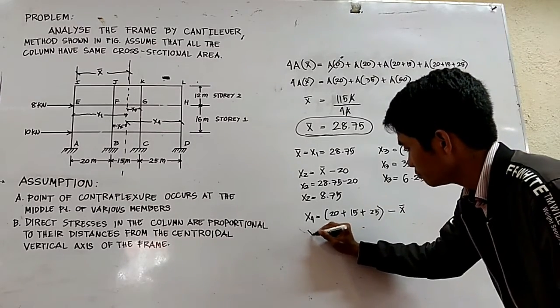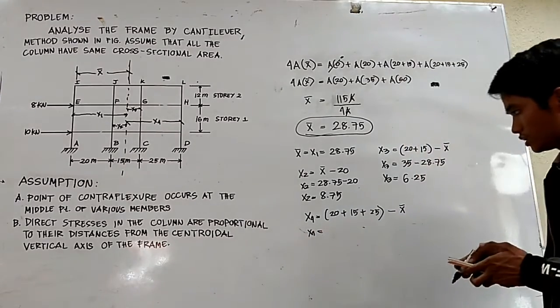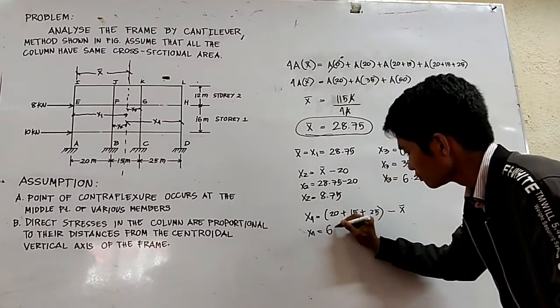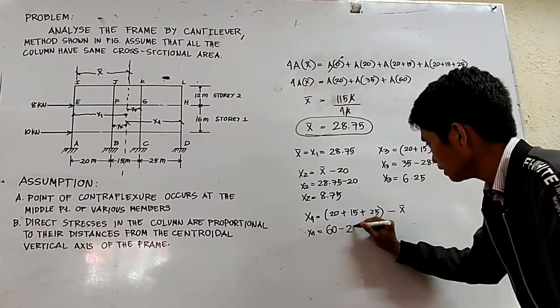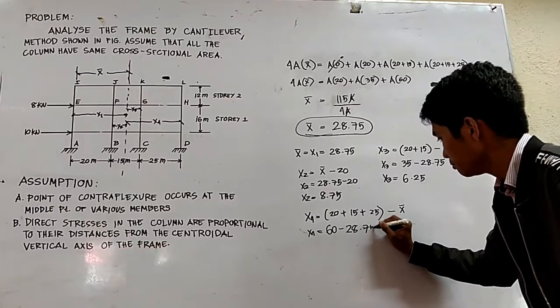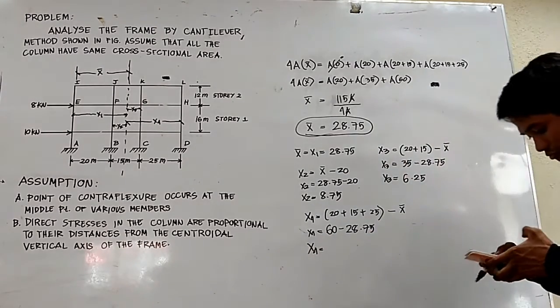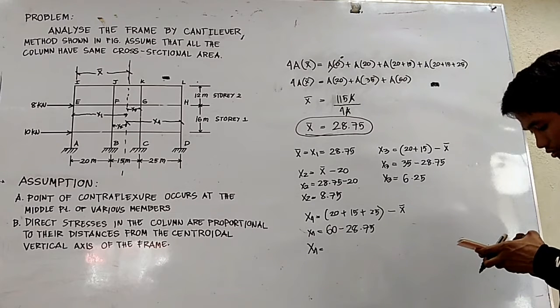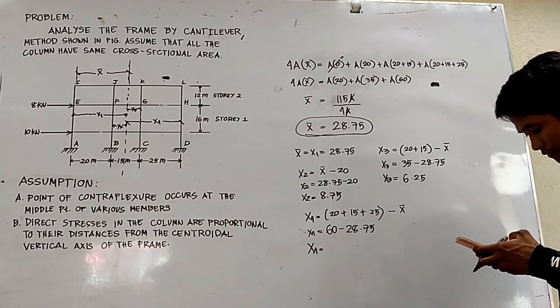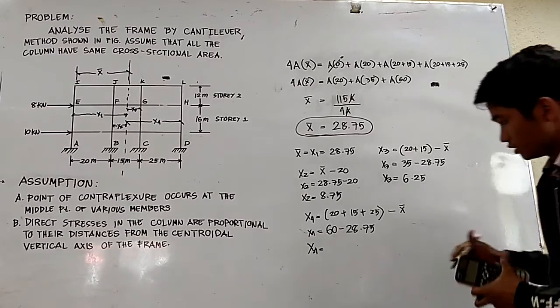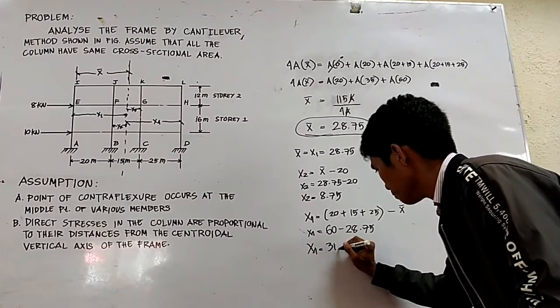So X4 is 60 minus 28.75, which is 31.25.